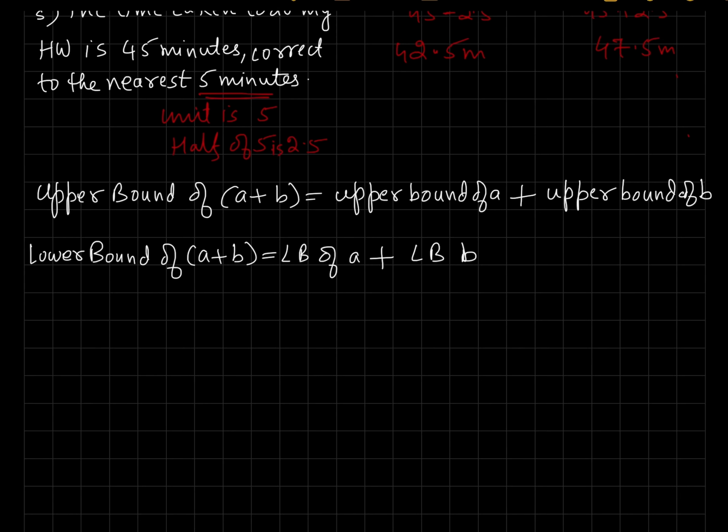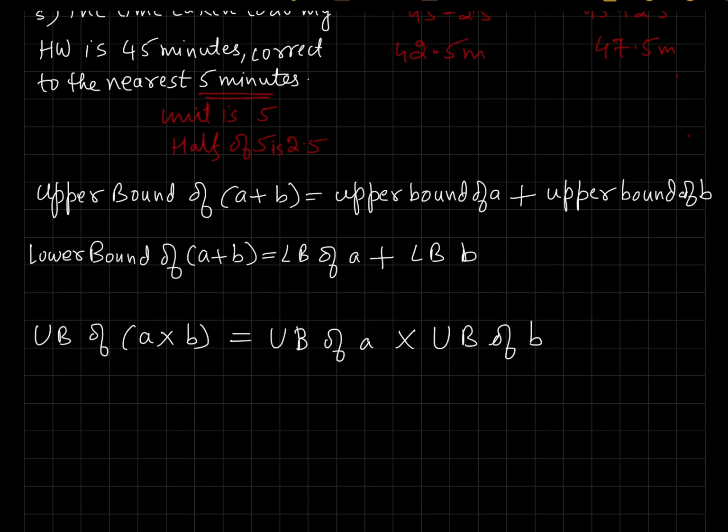Then the next thing, multiplication. I'm writing in short now. The upper bound of a multiplied by b would be the upper bound of a multiplied by the upper bound of b.